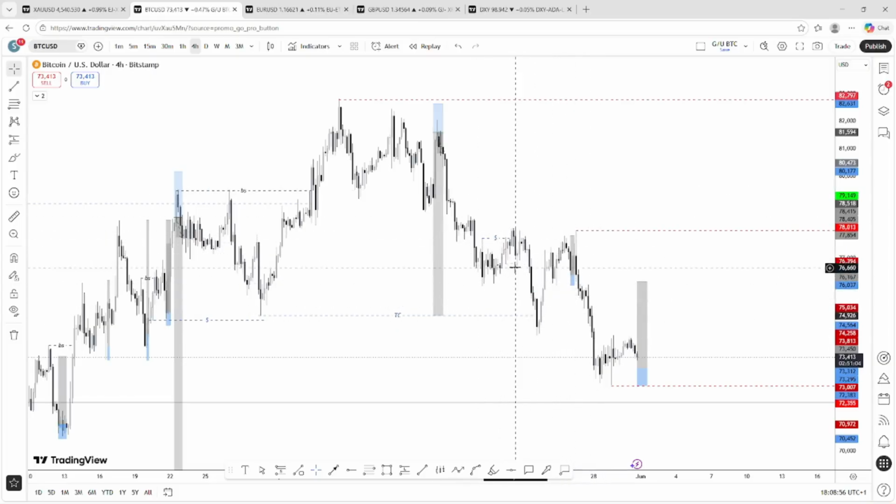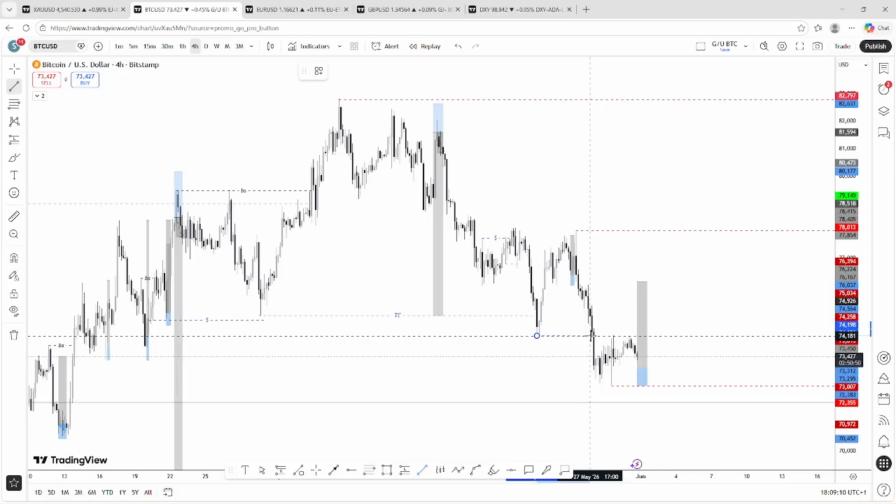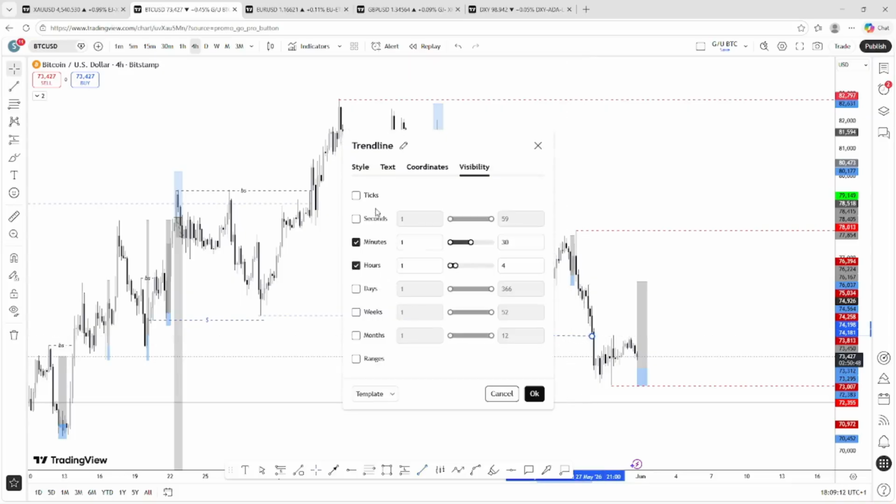You can see that price has failed to correct to that zone last week, the other week and last week too. And so we can see that the last dealing range of the 4 hour is this here.